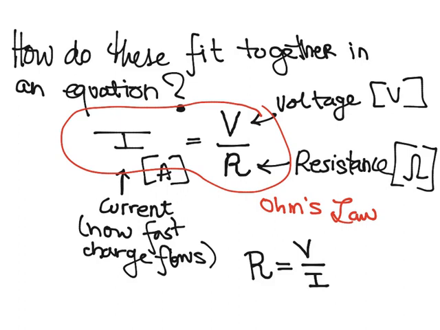And you notice that these two equations are equivalent to each other. All I've done is I've cross-multiplied the I and the R in order to switch their places, but they're algebraically equivalent.